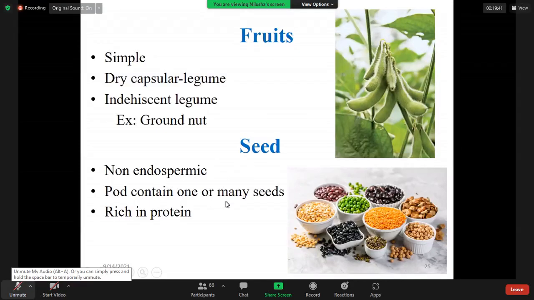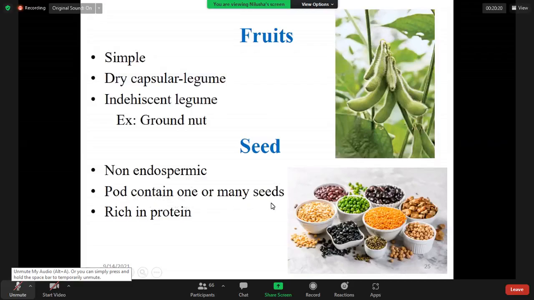Non-endospermic means the seed endosperm is absorbed by the two cotyledons, hence the cotyledons become swollen. At the mature stage there is no endosperm in the seed, because it is absorbed by the cotyledons, so we call it non-endospermic.